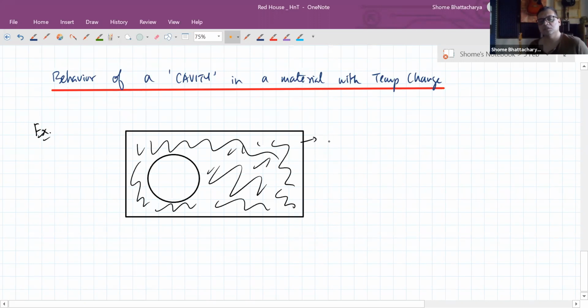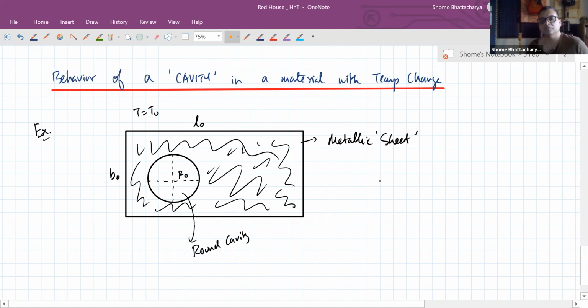So this is a metallic sheet, okay, which is at T equal to T naught, it's like this, with a round cavity in it. So that cavity is of radius R naught.